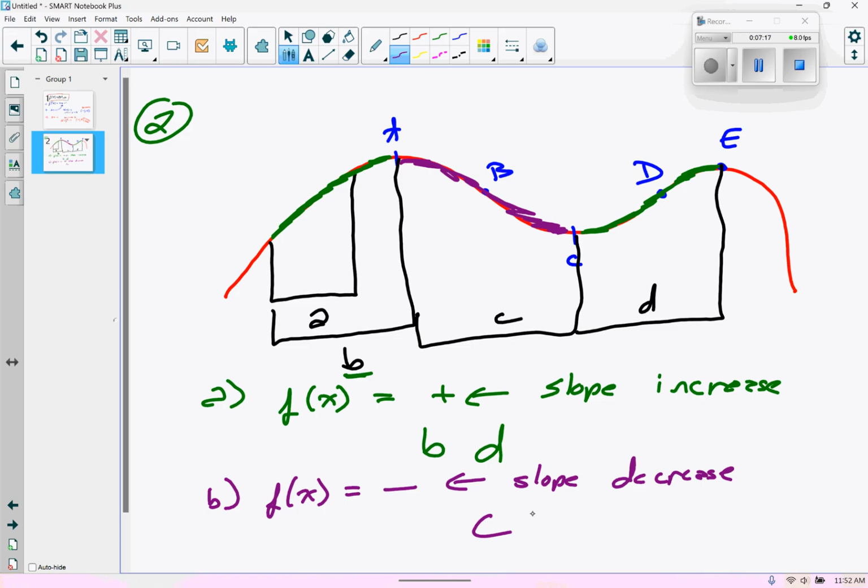All right. And then letter C says, where is f prime of x equal to 0?